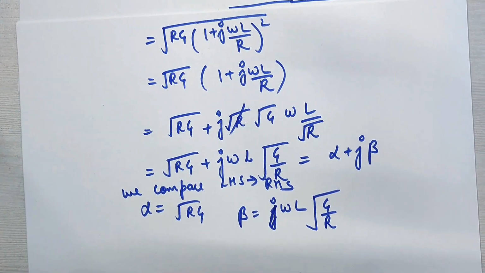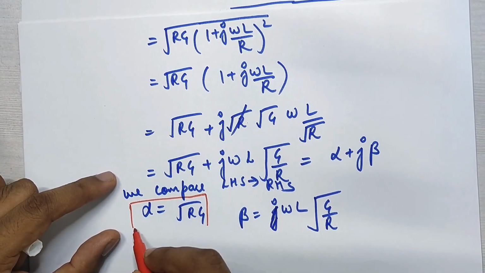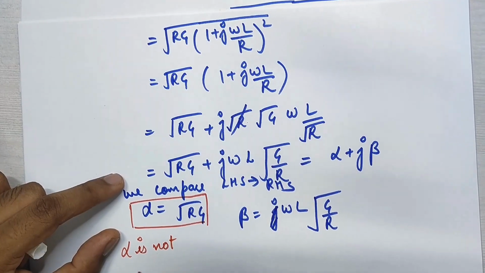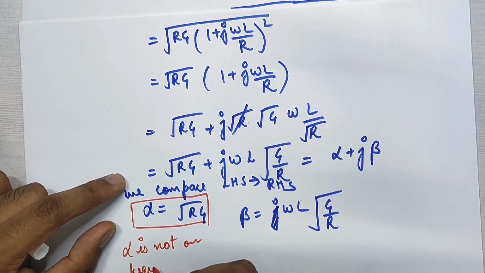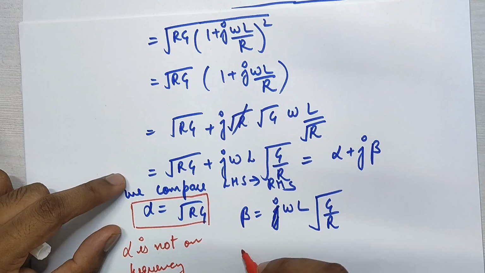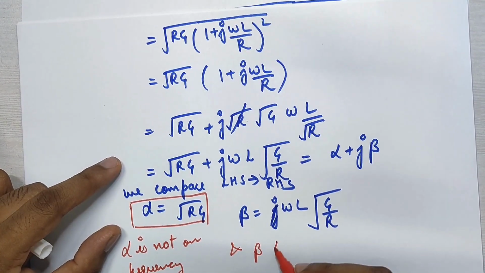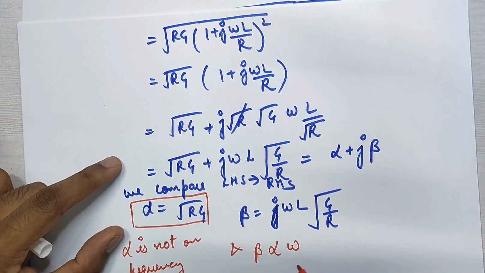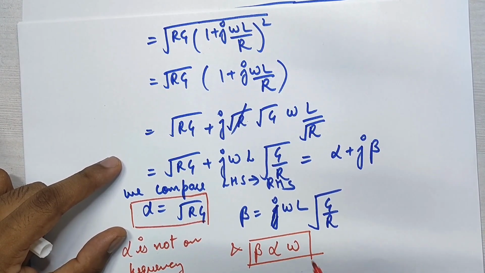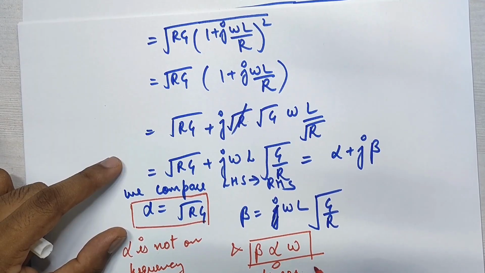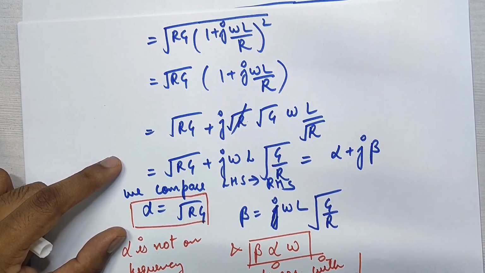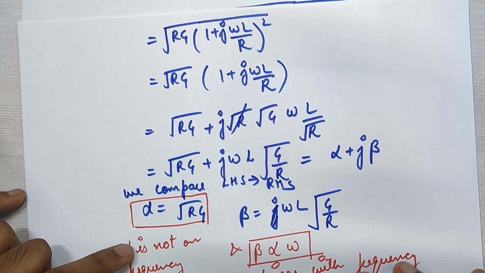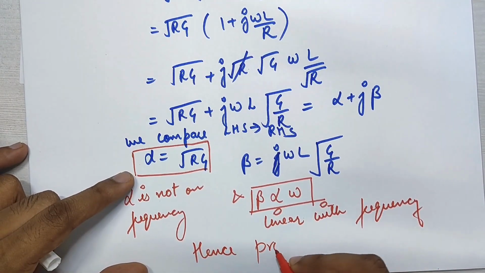Now we can see that alpha is not dependent on frequency, and beta is linearly proportional to omega, right? Linear with frequency. Hence proved.